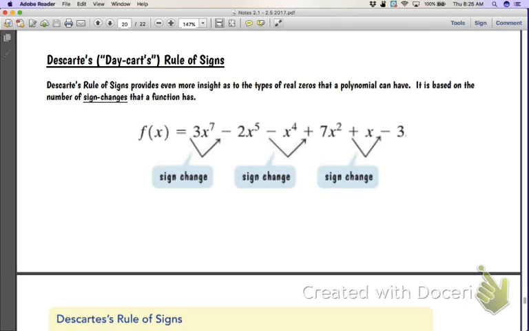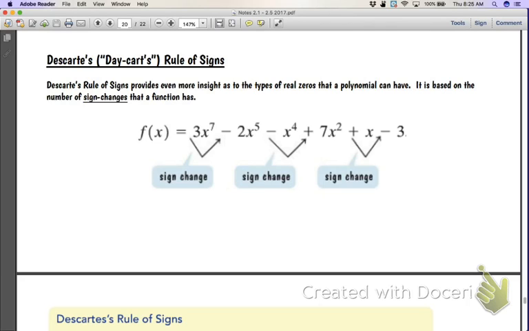It's Descartes, okay? It looks like Descartes. It's really Descartes' rule of signs. Basically what that means is if you go through your entire polynomial, okay, and you look to see how many times there is a sign change. Okay? So understand, you always look at the very first term.